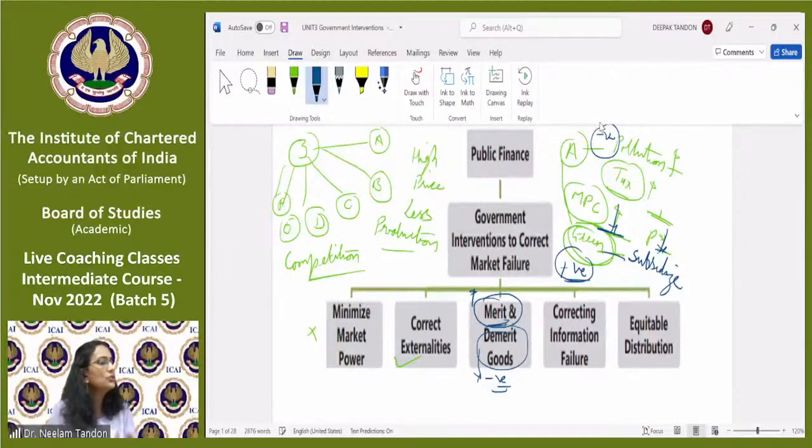Positive externalities lead to market failure because education is a positive externality, isn't it? Education is a positive externality. But take the simple case of ICI. See, ICI is promoting virtual education. But there are many students who believe they should go for private tutors.